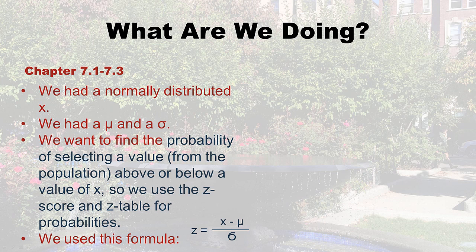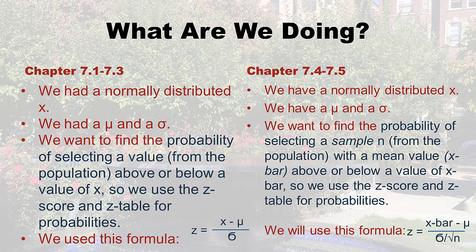We kept finding the probability of selecting an x from that population above or below a certain value, looking up the z-score and the z-table probabilities. Basically we were converting x to z, and we used this formula to convert x to z. Whenever we had an x, we could put it on the z distribution and figure out the probability. So here's what's different now.